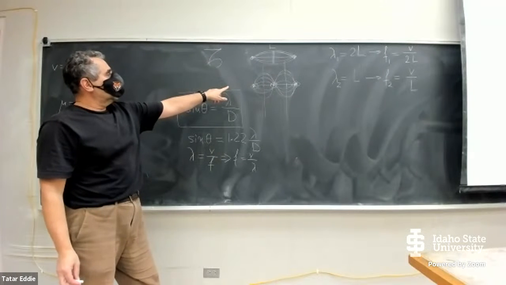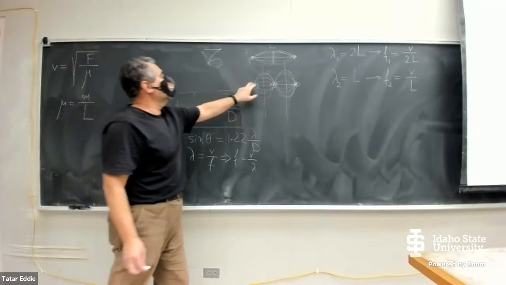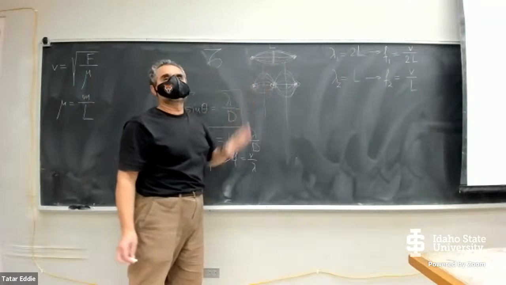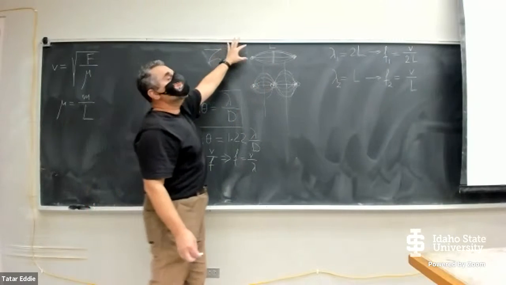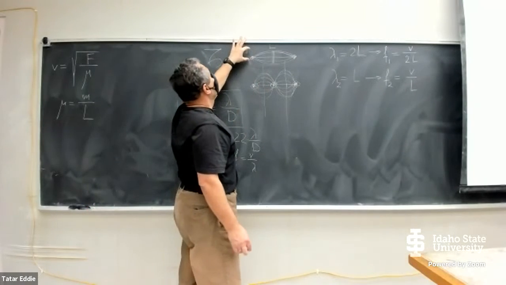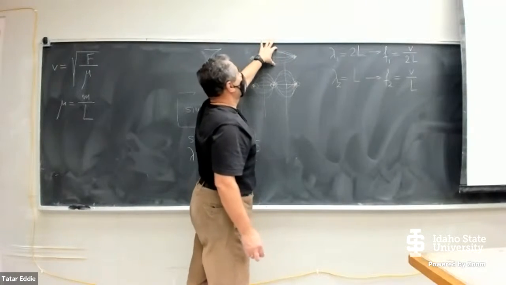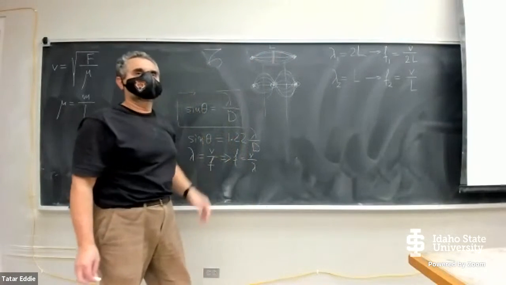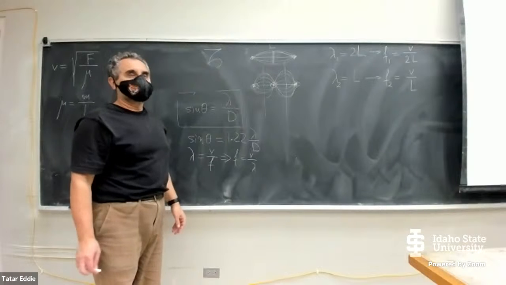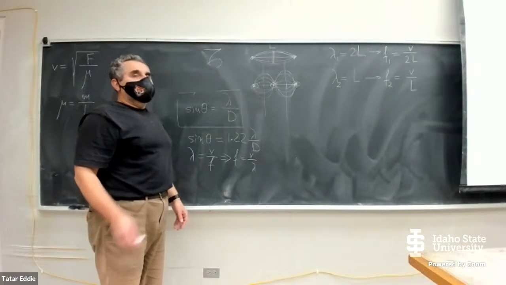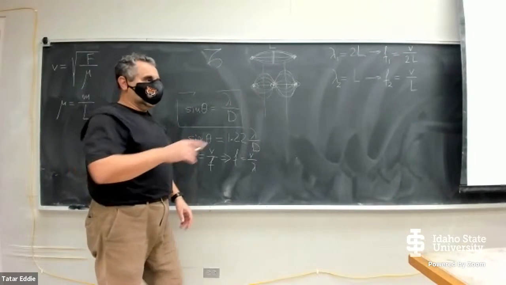So the second harmonic has 3 nodes and 2 antinodes. The first harmonic, the fundamental, has 2 nodes and 1 antinode. And I can continue with this game.